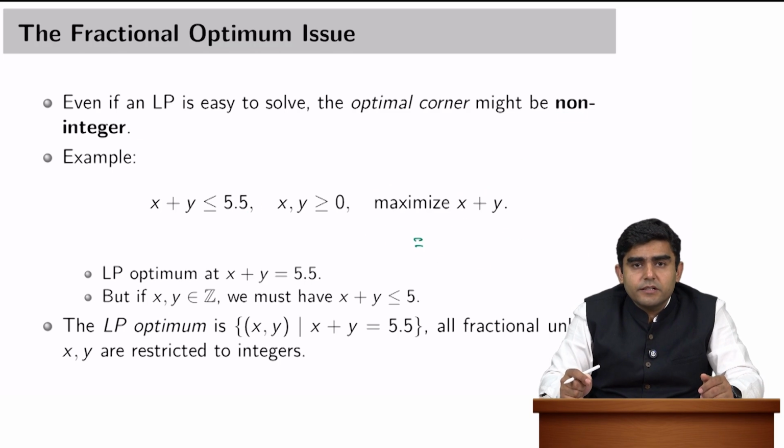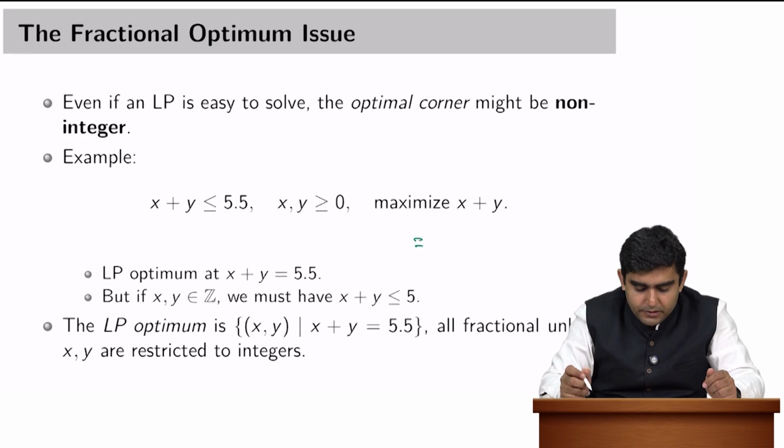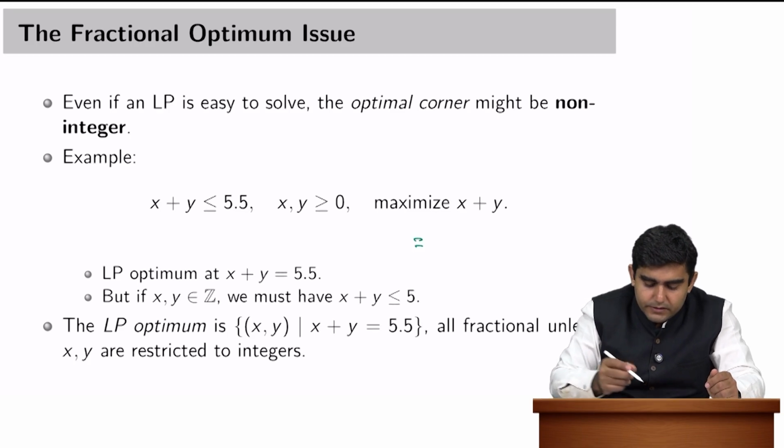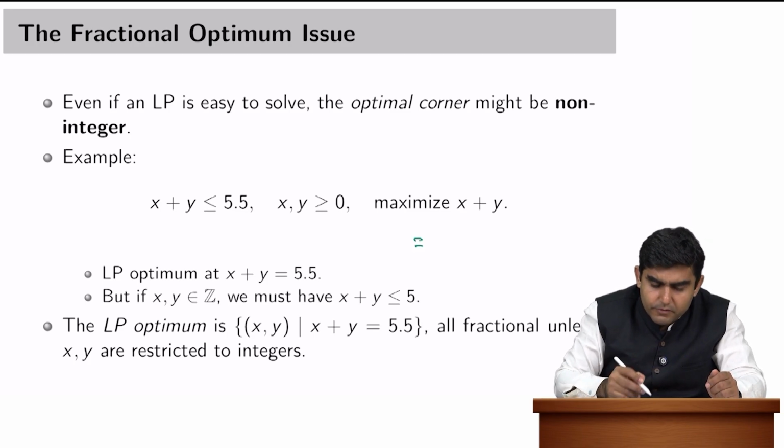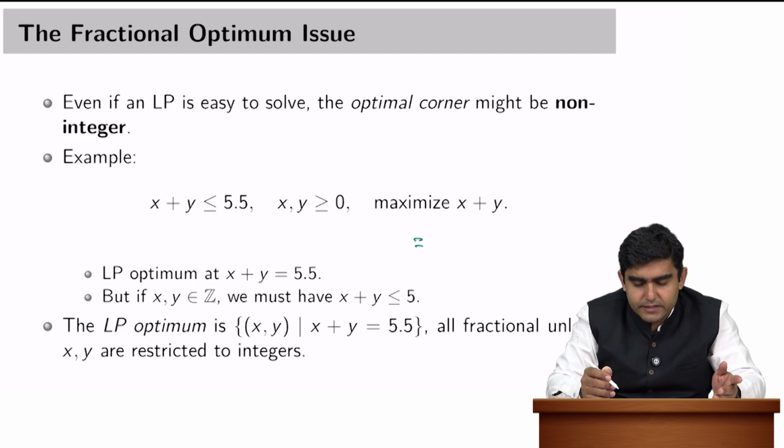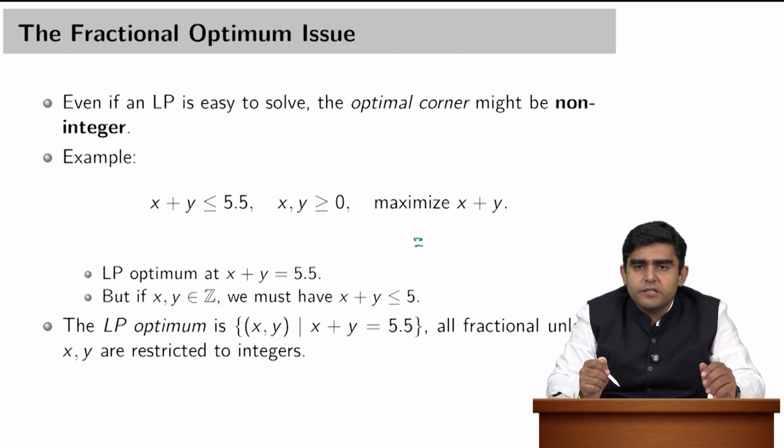So, let us try to understand this with the help of an example where we have this problem, which is a very straightforward problem: x plus y is less than or equal to 5.5, x and y greater than or equal to 0, and the problem is of maximization type, maximize x plus y.